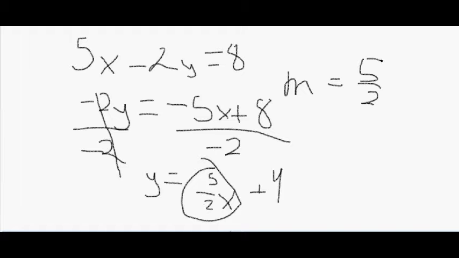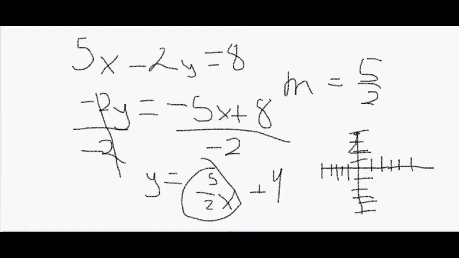Then for number 45 to 47, that's easy. You already know how to find the y-intercept. So now all you have to do is graph, for instance, this problem. 1, 2, 3, 4, 5, on each axis.